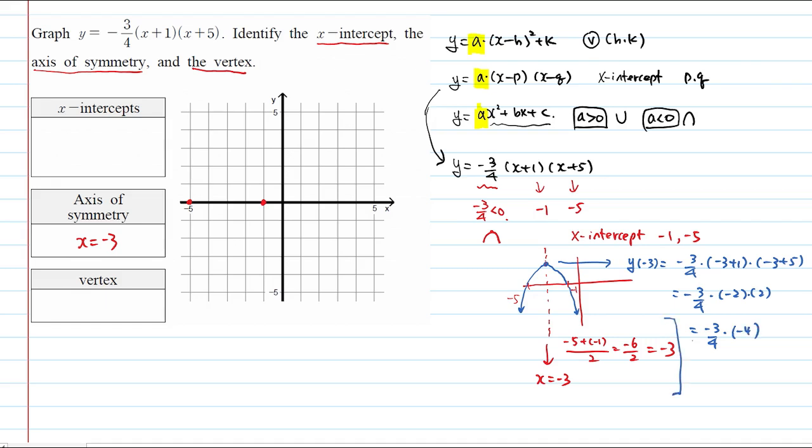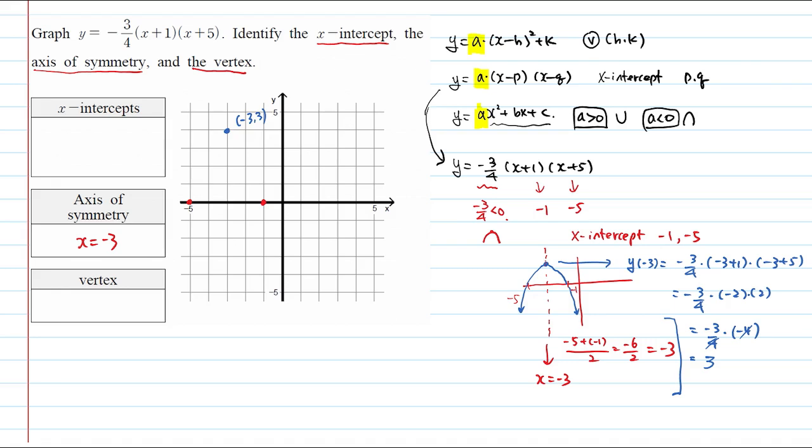Always separate the area, the region. You will see that the 3 and 4 cancel out, and that's a 3. So negative 3 comma 3 is your vertex.